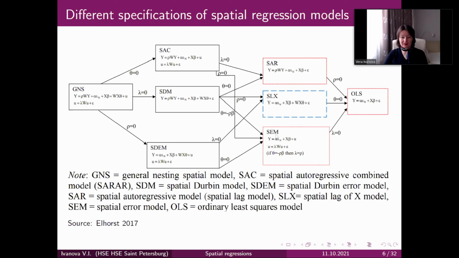Well, if our economic problem does not imply the presence of spatial dependencies, we need not estimate the general nesting spatial model.